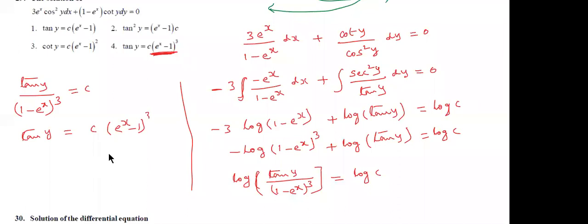So that means take minus common. So minus c or plus c, whatever may be, that is constant only. So the final answer is tan y is equal to c into e power x minus 1 whole cube. Fourth option is correct.